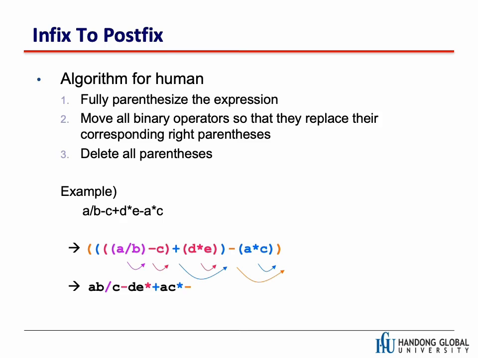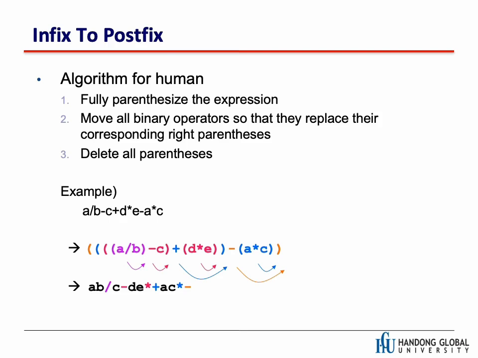So in this example, the purple slash will go right after the right purple parentheses. And then the red minus will move right after this right red parenthesis, and the blue plus will go right after the blue right parenthesis. Likewise, all the binary operators will move right after the corresponding parentheses.